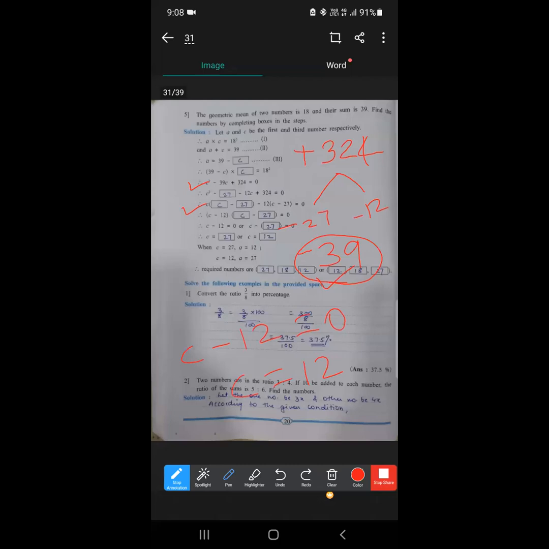So where C is equal to 27 and A is equal to 12, or C is equal to 12 or A is equal to 27. So this is how you proceed with the question. So the required numbers are 27, 18, because 18 is given here, and 12, or 12, 18 and 27.